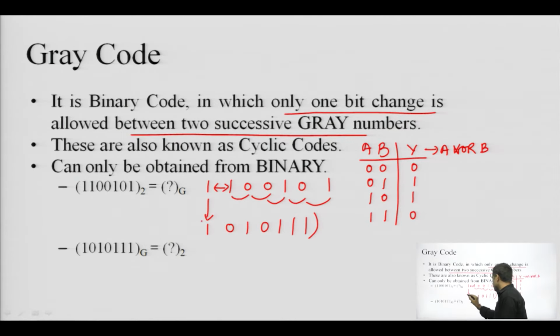So, this is the gray equivalent of this binary number, and it would have been no different if there would have been a decimal place here. So, at the same position I would have placed a decimal, a fractional point. Okay. So, there is no special rule for fractional binary numbers to be converted into gray.